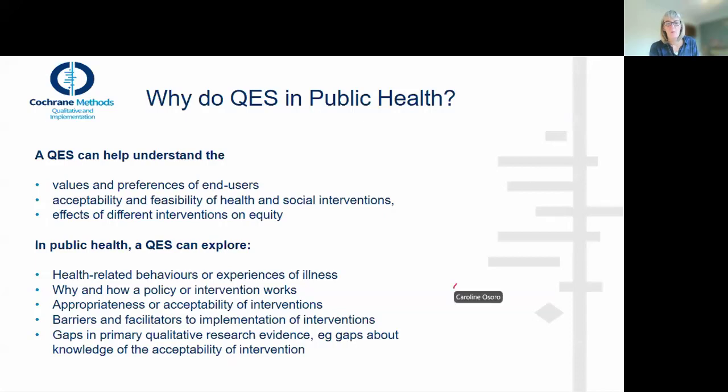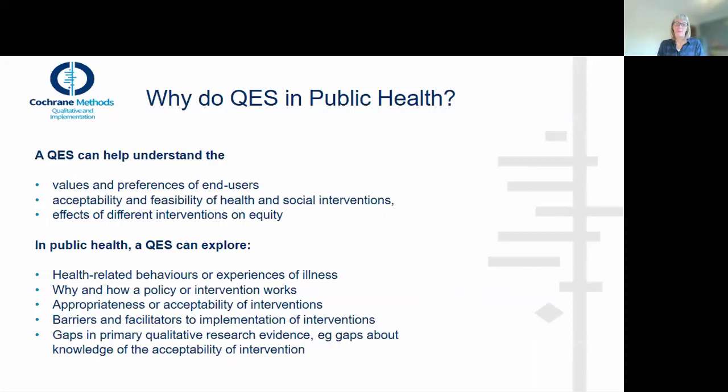And also what the impact on both equity and equality might be of different interventions, and we've heard a little bit about that in the earlier talks as well. And some of the unintended consequences can start to be explored through qualitative evidence synthesis.